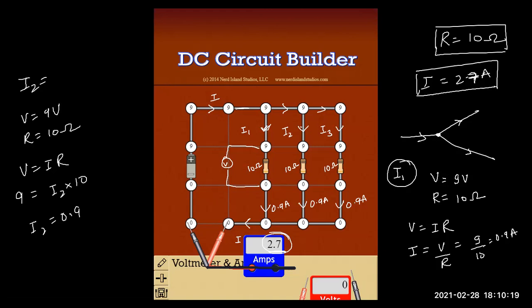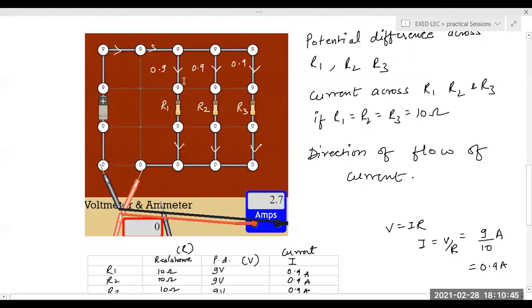Okay, so now let's see our calculation table. What do you see here? Current across each resistor is how much? 0.9, 0.9 and 0.9.